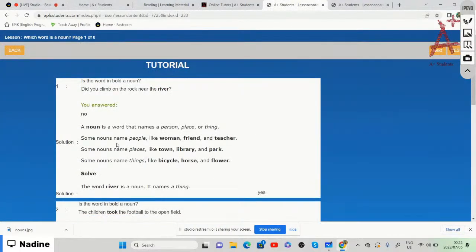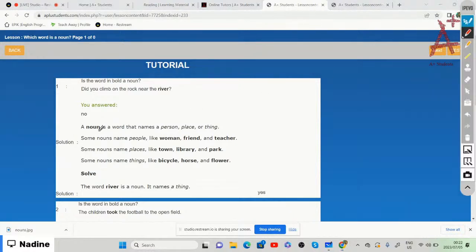If we look at the tutorial page in front of us, once again it says that a noun is a word that names a person, a place, or a thing, and also an animal. So I'll put animal over here. Those are all nouns.